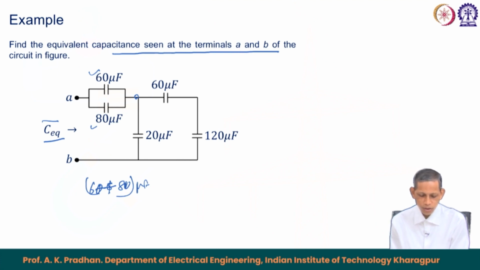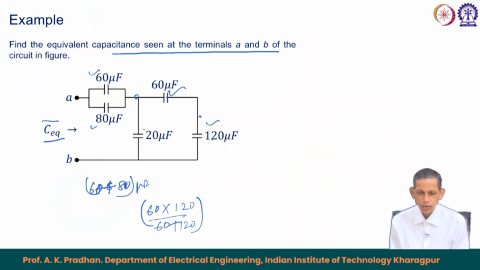Then 60 and 120 are in series, so this becomes 60 into 120 divided by 60 plus 120, in microfarad.